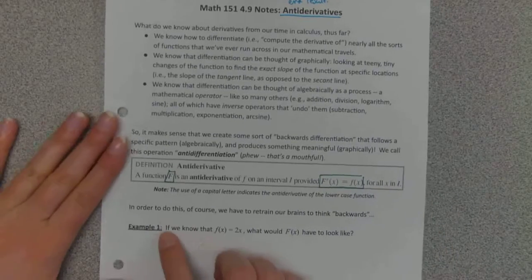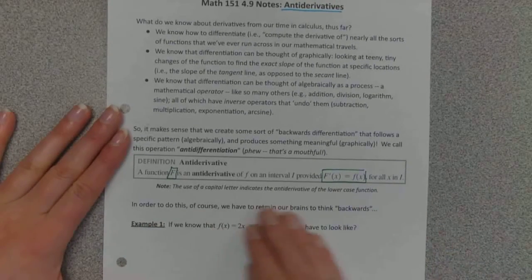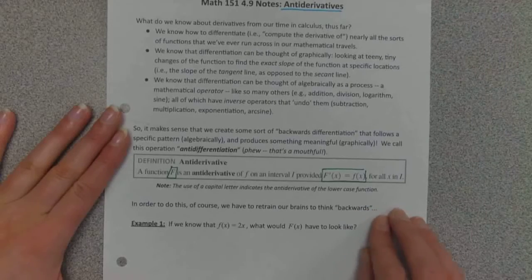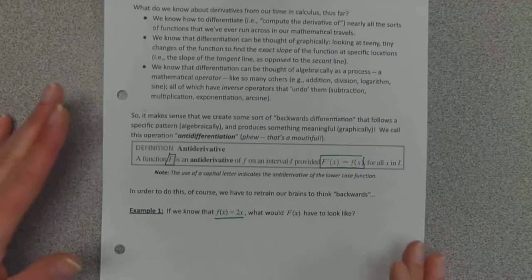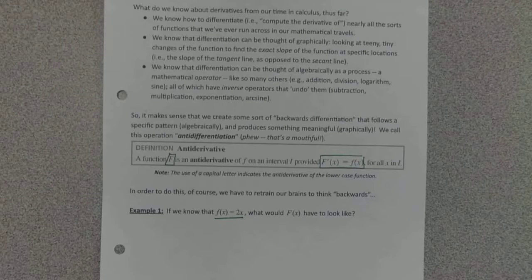In order to find the antiderivatives, we have to train our brains to think backwards. So if we're looking at the function f of x equals 2x, we need to figure out what the original function would have looked like. So you need to know what function gives you 2x as its derivative so that you can figure out what the antiderivative is.